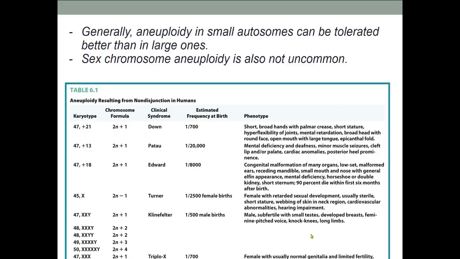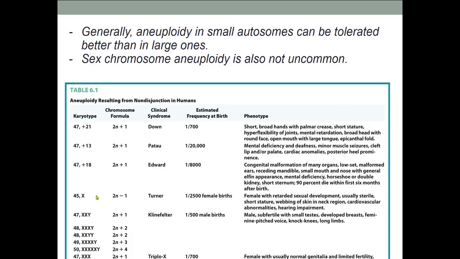So that explains this first part. The second part, limited fertility, we have now 3 X chromosomes. And so you can imagine what that would look like when you're trying to go through meiotic divisions. Some of your eggs would be aneuploid. And so that would lead to that limited fertility.